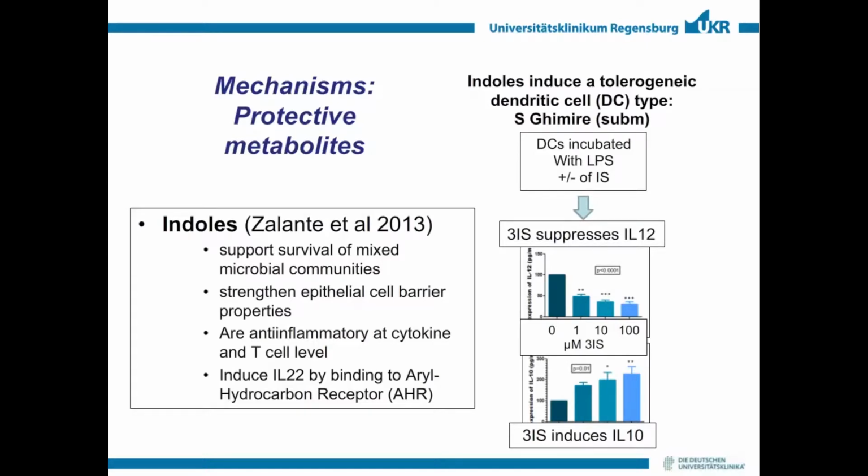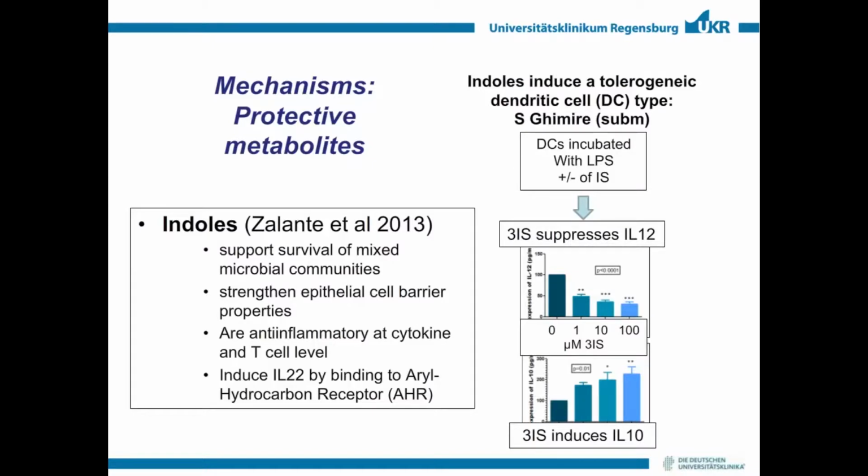So we have one group, the indoles, you know them already, produced from dietary tryptophan, and they are known to support survival of mixed microbial communities. They are known to induce colonization resistance. This is a part of the mechanism of colonization resistance we frequently discuss in infectious disease models.